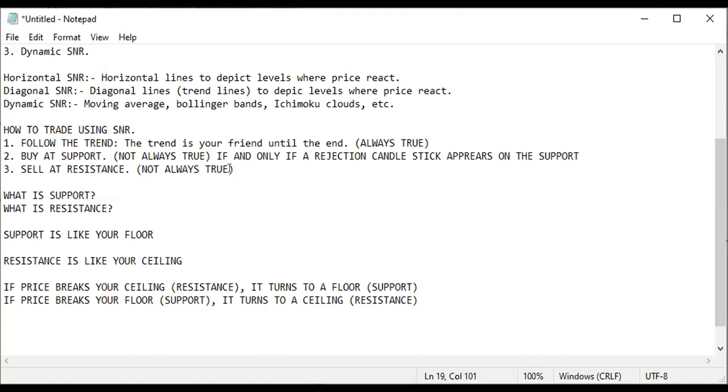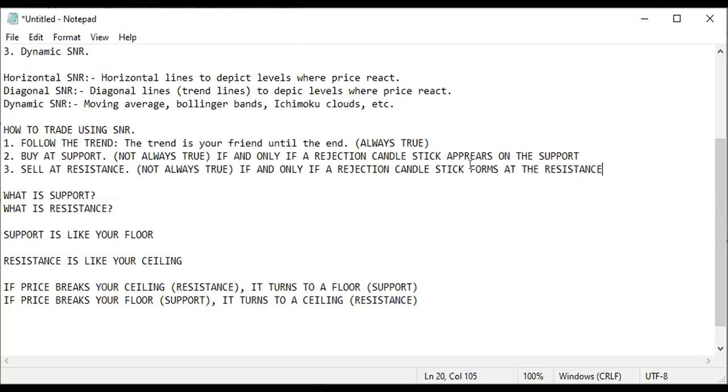And I'll sell at resistance if and only if a rejection candlestick forms on the resistance or at the resistance.